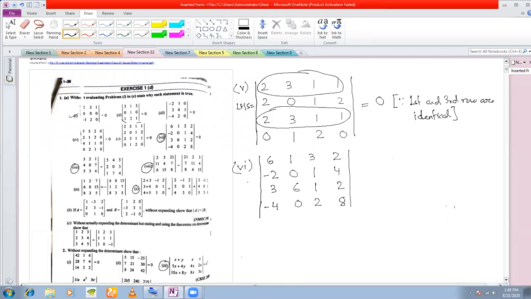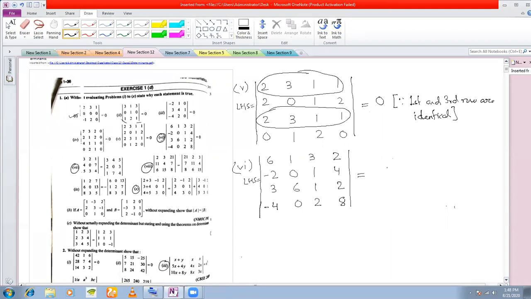You need to show that this is equal to 0. Again, we start from the left hand side. From the second and fourth row, we'll take 2 common.